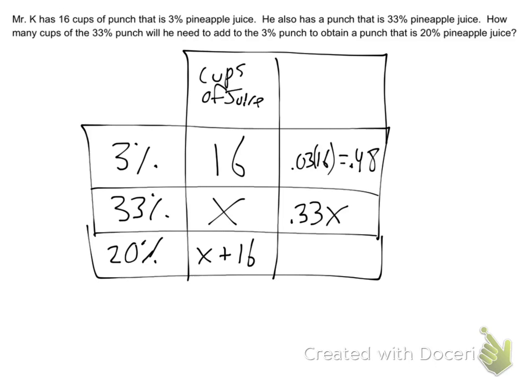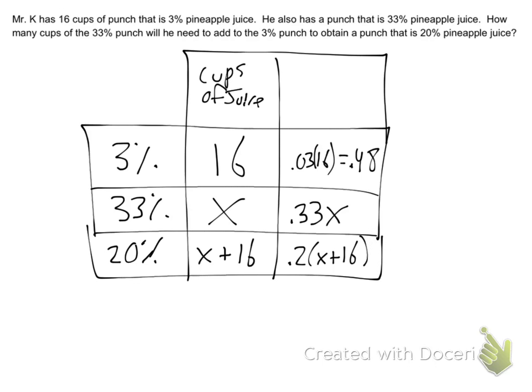Is everybody okay with that? And then I multiply across again: 0.2 times x plus 16. You multiply going across, and we add going down.